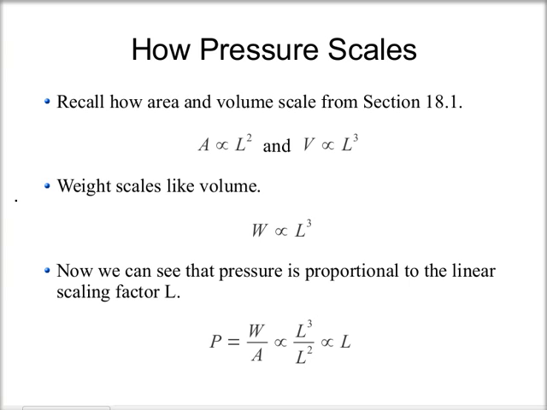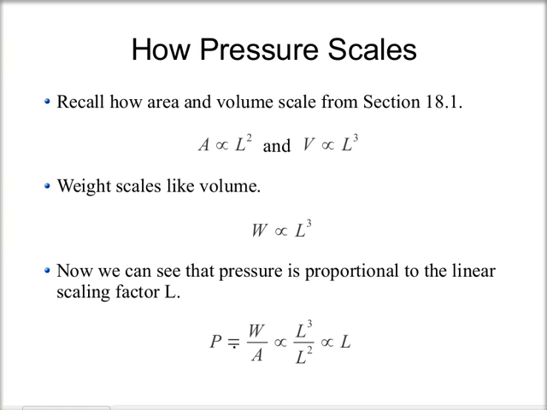So just to summarize, we can remember how area and volume scale from section 18.1. Area is proportional to L squared, and volume is proportional to L cubed. We also know that weight scales like volume, so weight is proportional to L cubed. So now we can see that pressure is proportional to L by taking these things into consideration.